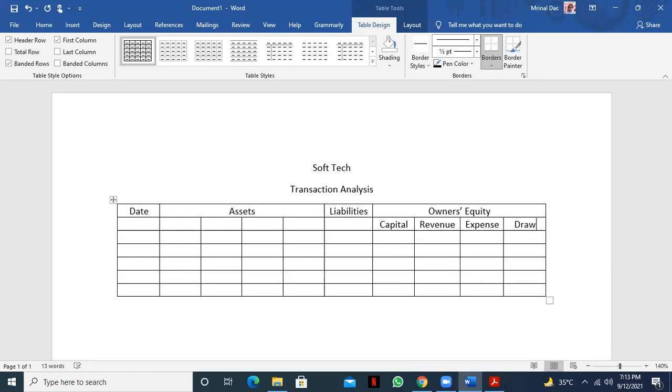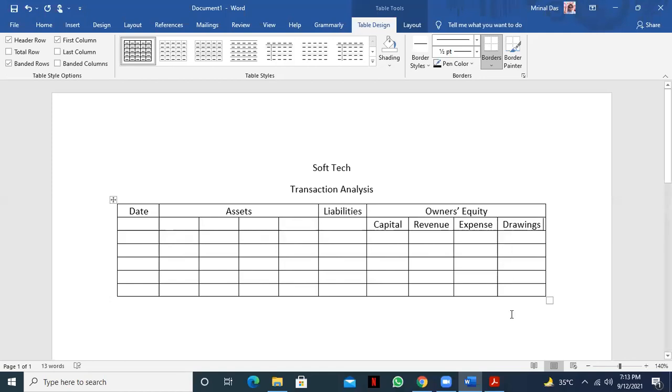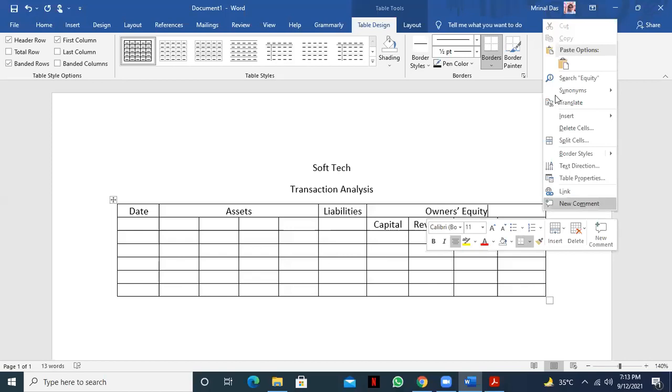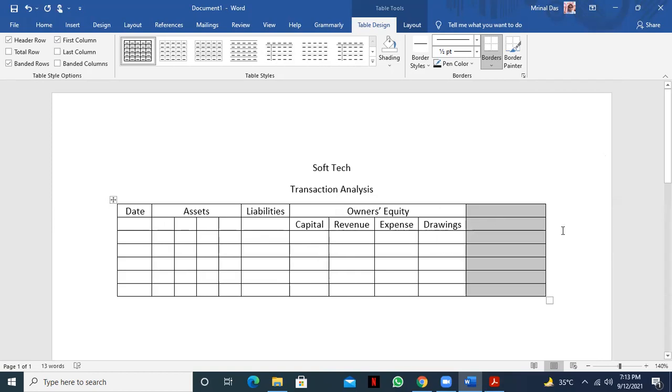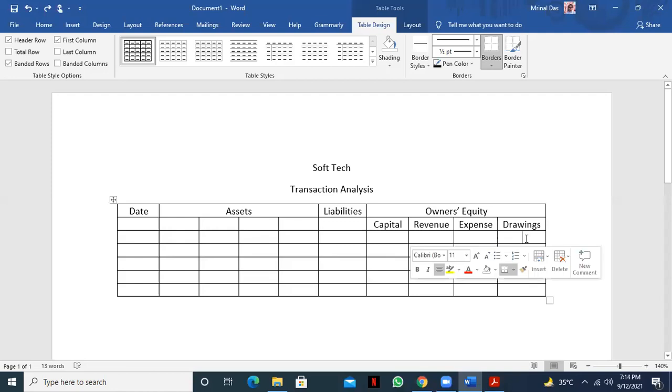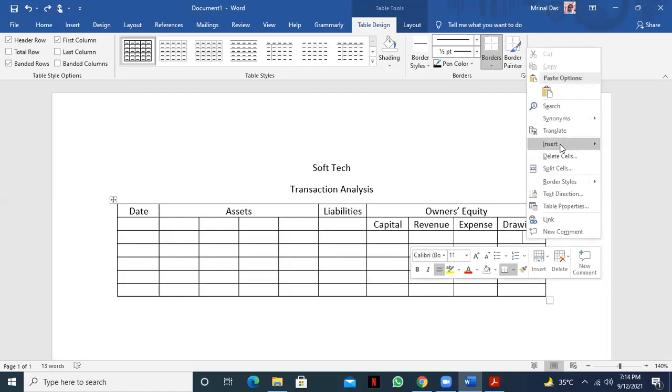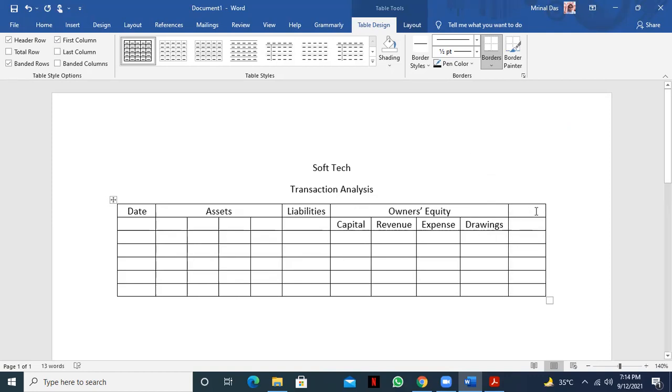Okay, drawings. তারপরে আরেকটা কলাম আপনারা রিমার্কস এর জন্য রাখতে পারেন, চাইলে না রাখলেও চলবে, বাট আমরা রিমার্কস এর জন্য একটা কলাম আমরা রাখবো। Okay, so we'll give the name it as remarks.